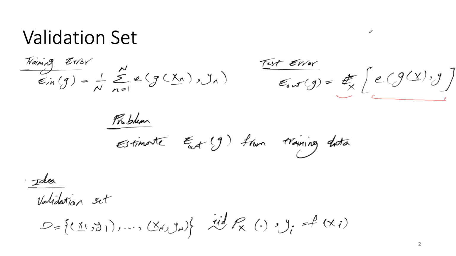And that's exactly why we use the validation set, right? So you have your data set D, which contains all your points, x1, y1, and they're coming independently with the probability P of x. And they mimic, so y of i is going to be f of x of i.